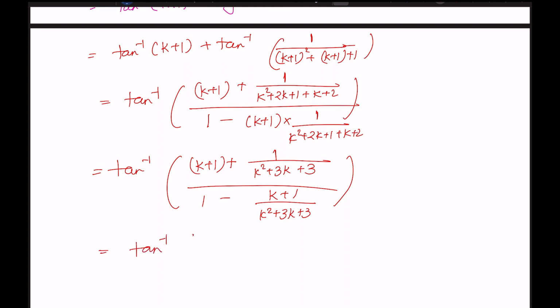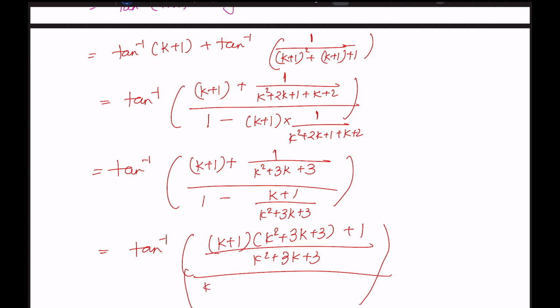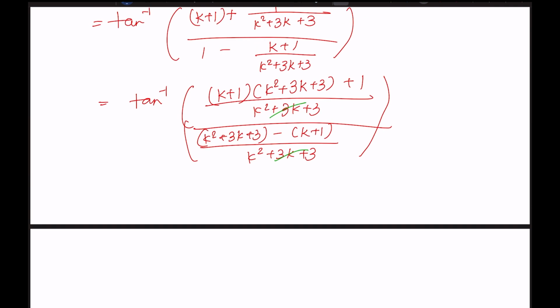So if I simplify this further, I'll get k plus 1 times k square plus 3k plus 3, this one divided by k square plus 3k plus 3. There's a numerator part, so the denominator part will be k square plus 3k plus 3 minus k plus 1, divided by k square plus 3k plus 3. Now we can cancel these two out. I would need more page here.